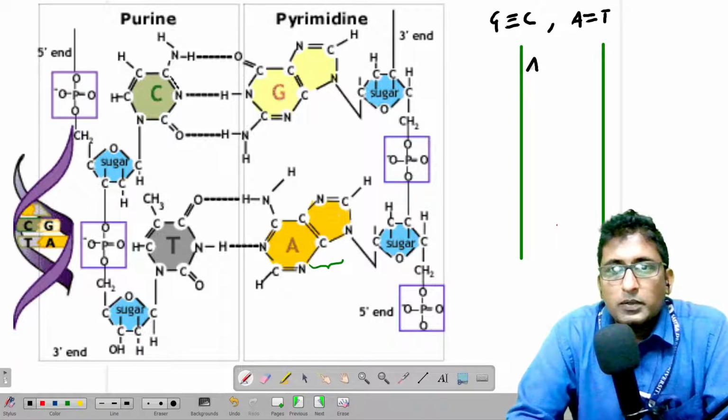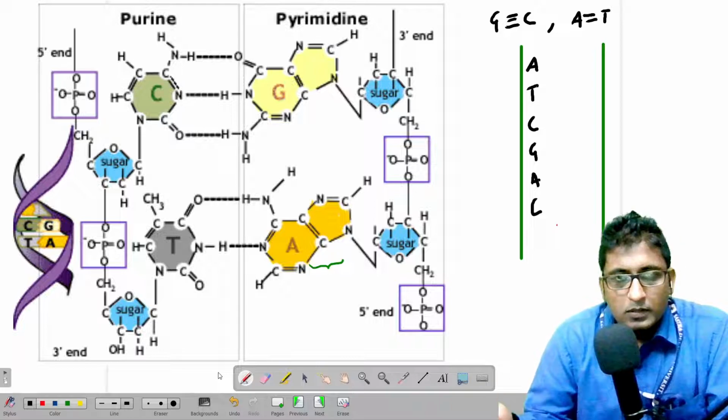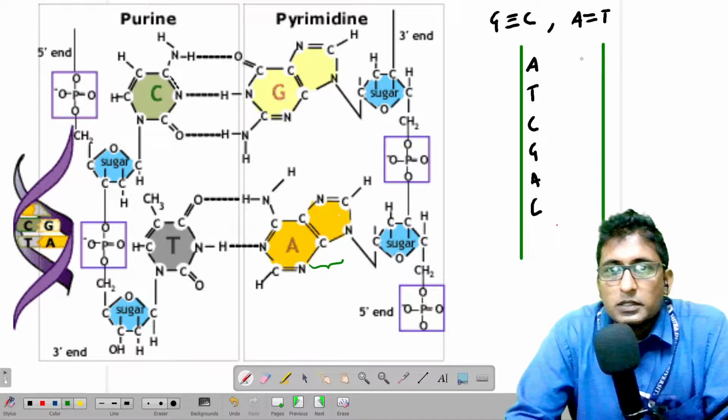Say for example, I have a sequence like this, then the opposite base or the complementary strand is determined by what is present here.